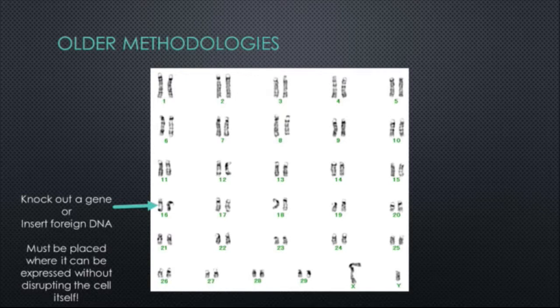And so if we're just randomly sort of pasting things into the genome, as you can imagine, what if we paste it in the middle of another gene, right? We might actually cause the individual to be non-viable if we do something like that. So the bottom line is that with these types of approaches, you may have to try this thousands of times, hundreds or thousands of different cell lines to try and get this stuff to work correctly.